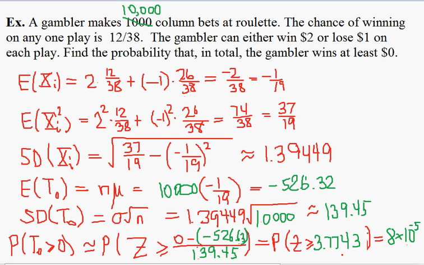So 8 100,000ths, about 1 chance in 12,000 or so of coming out ahead. So this is an example of the law of large numbers. What ought to happen does happen if you do it long enough. You expect to lose money, and that's in fact what will happen if the game is played long enough.